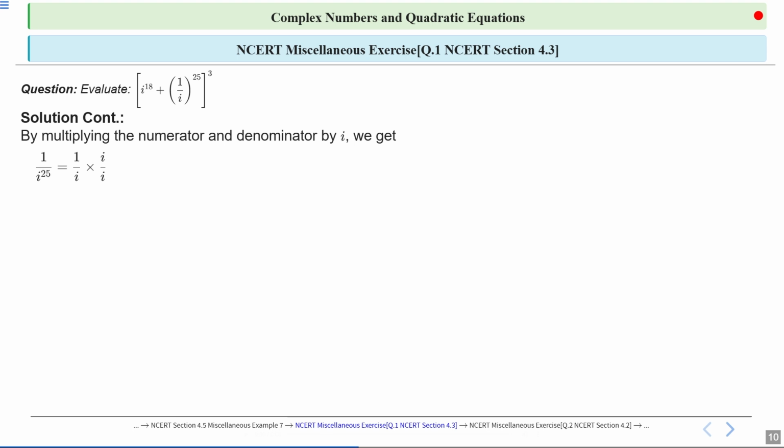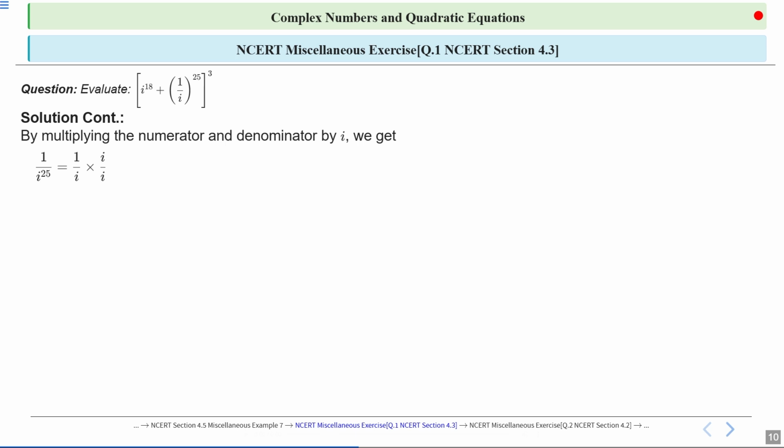To simplify, let's first look at 1 divided by iota. We can rationalize the denominator by multiplying both the numerator and denominator by iota. So this gives us 1 divided by iota times iota divided by iota.